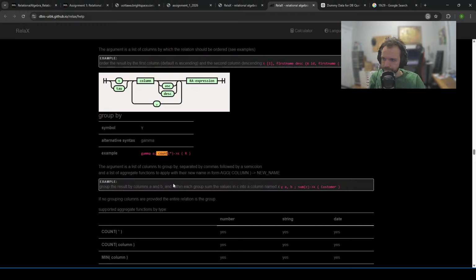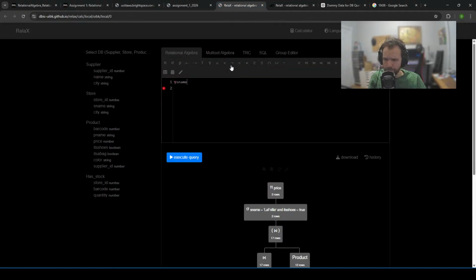How is this going? Gamma, this is group by. The argument is a list of columns to group by, separated by commas, a semicolon, and a list of aggregate functions to apply to their new name. Okay, and count barcode.